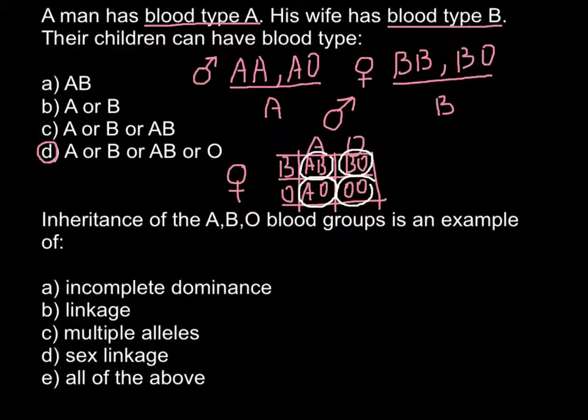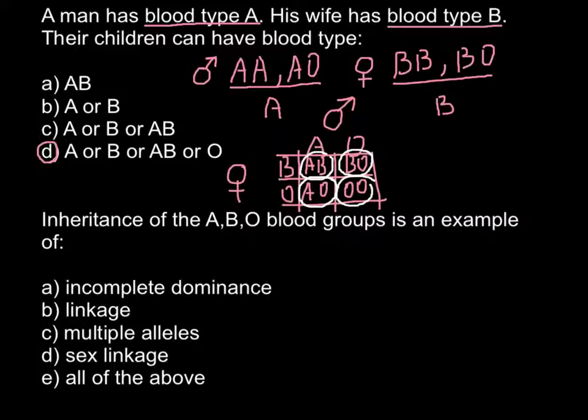Let's now move to the second question. Inheritance of the ABO blood groups is an example of, answer A, incomplete dominance. An example of incomplete dominance is when we have, for example, one plant with white flowers that we cross with another plant with red flowers, and the intermediate heterozygous plant would have pink flowers, so intermediate between white and red.